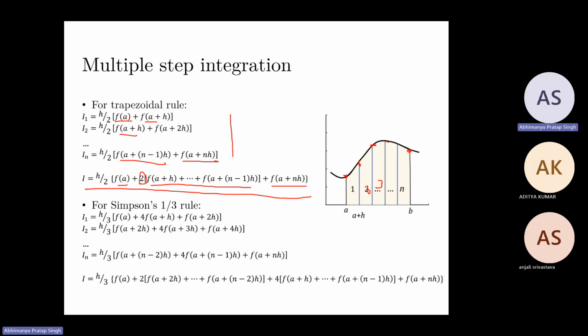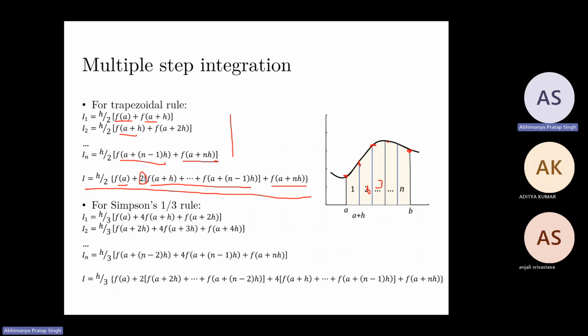No? Okay. Then similarly, we can get the formula for Simpson's rule. So I write the first integration as h by 3 f(a), 4 f(a+h), f(a+2h). Then for the second part, I get this, and likewise I write for the last part.